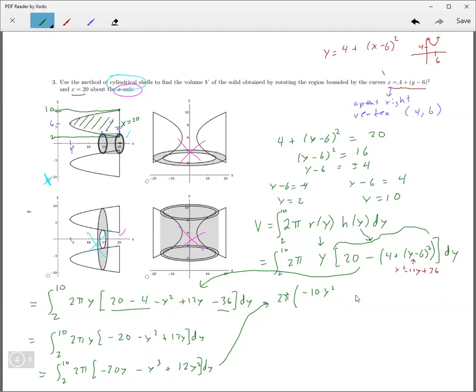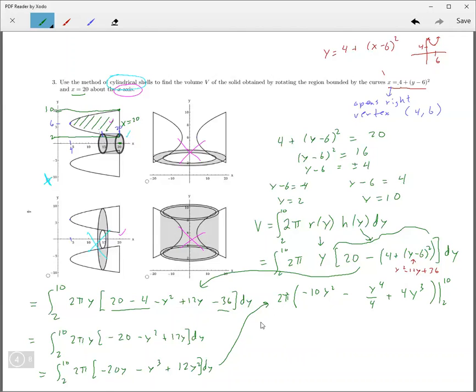And then this one is y to the 4th over 4. And then this one, when you integrate that, is going to be 4y cubed. And that goes from 2 to 10.